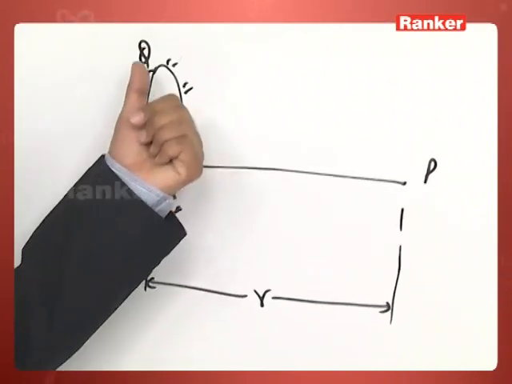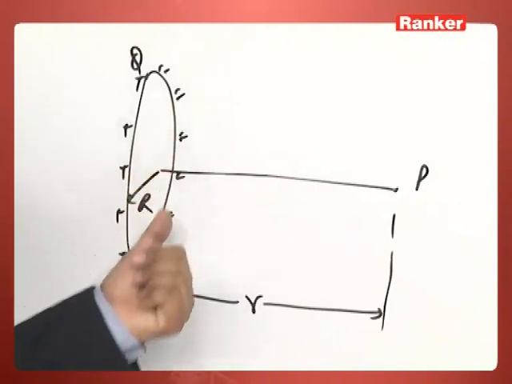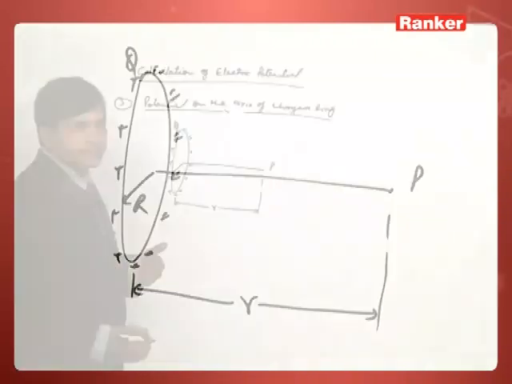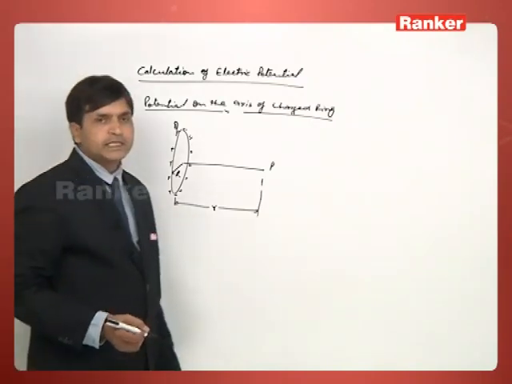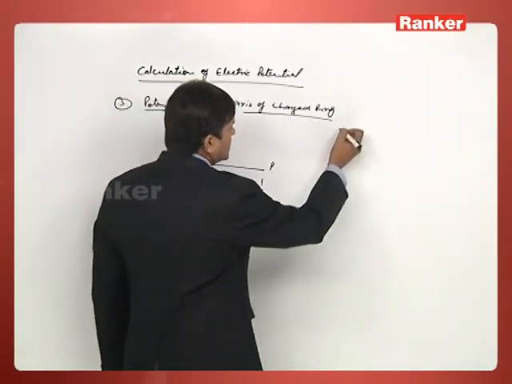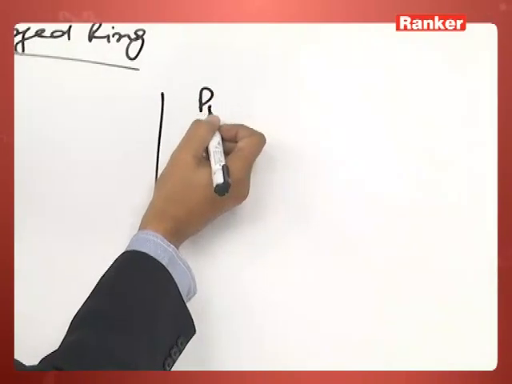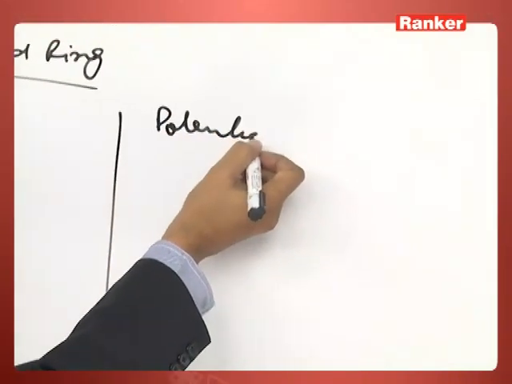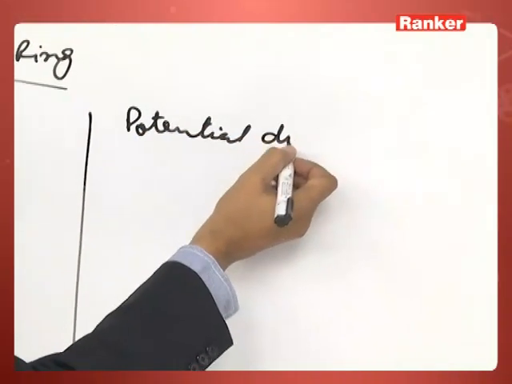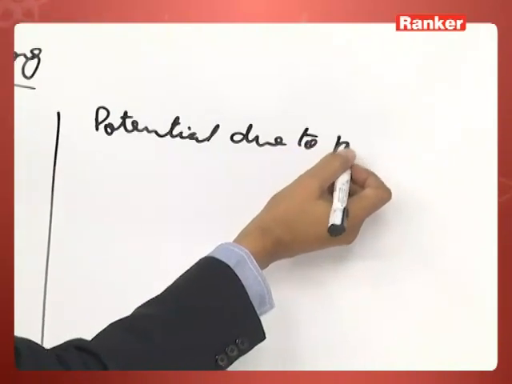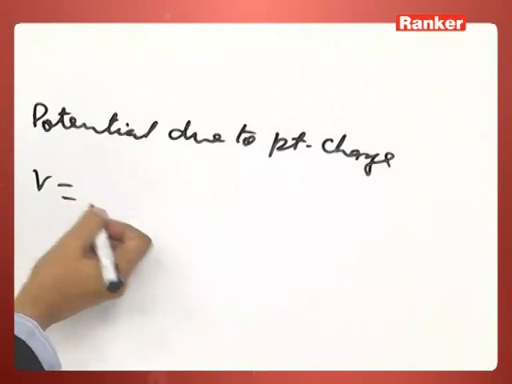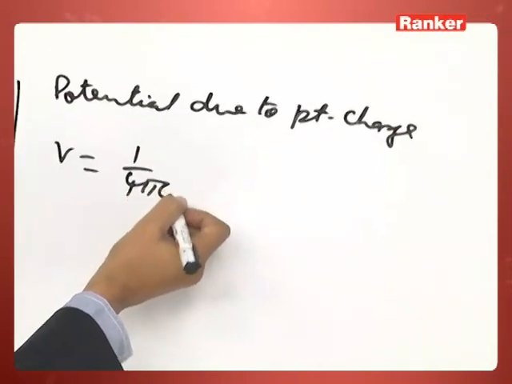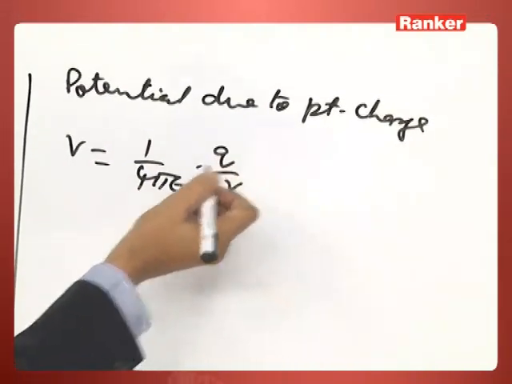So here this is our charge distributed body, and we have already calculated potential due to a point charge, which is given as 1 by 4 pi epsilon naught Q by r.